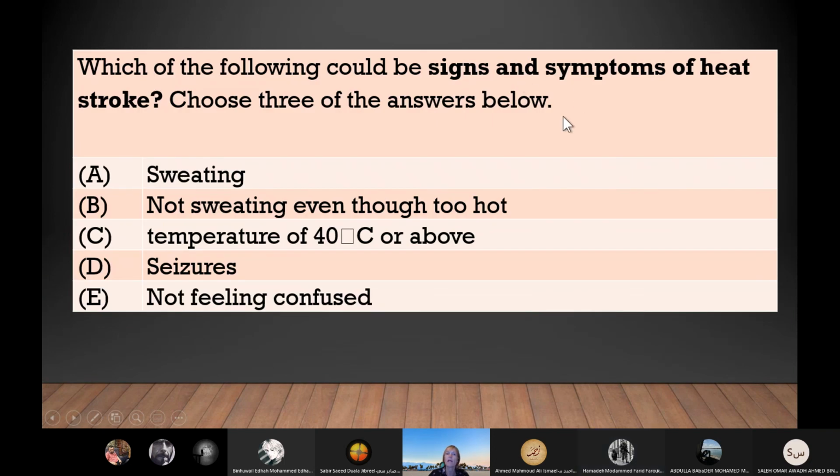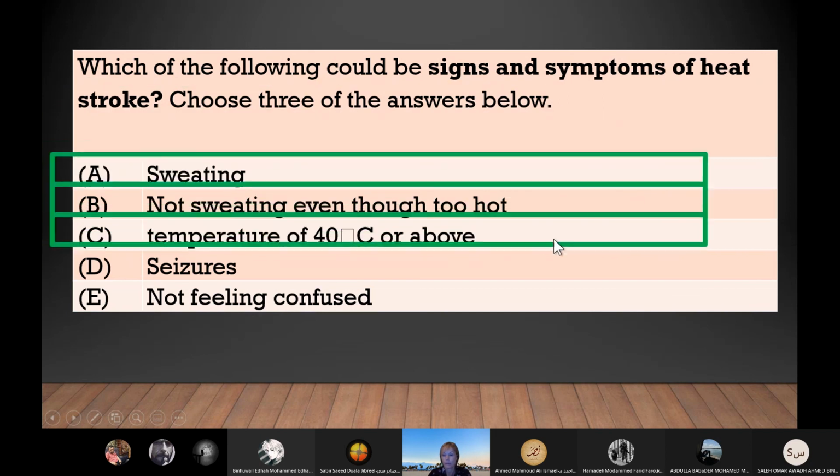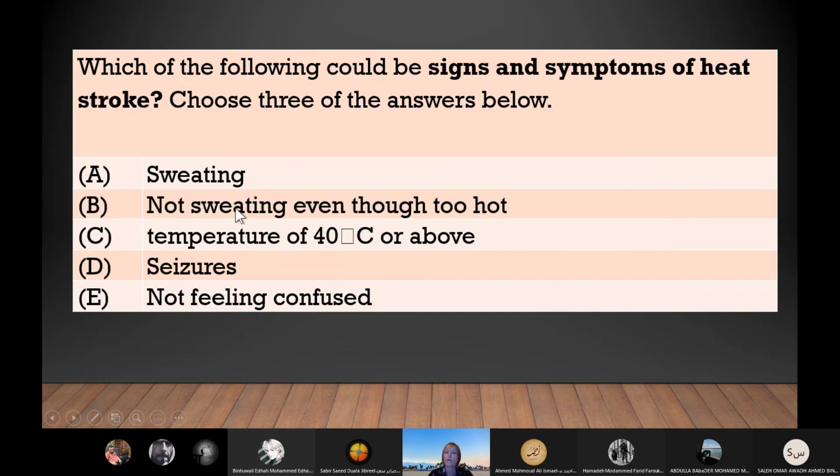Okay, and then which of the following would be symptoms of heat stroke? So heat stroke is the most severe. What would be three signs of heat stroke? So would it be sweating, or not sweating, even though you're too hot? A temperature of 40.